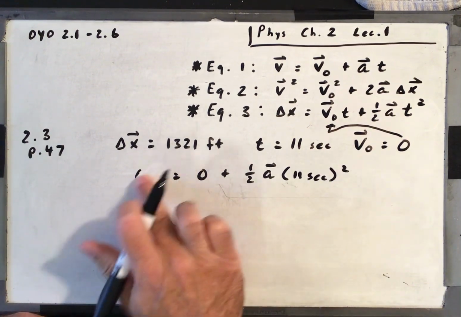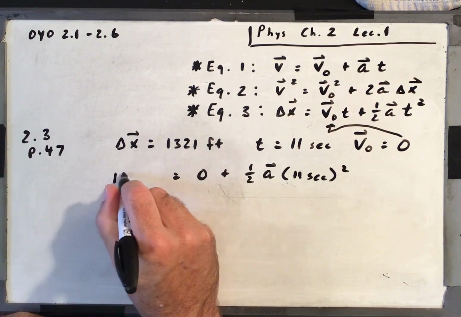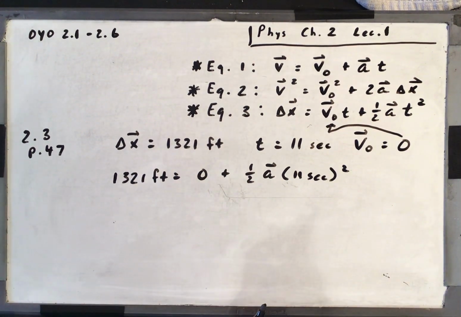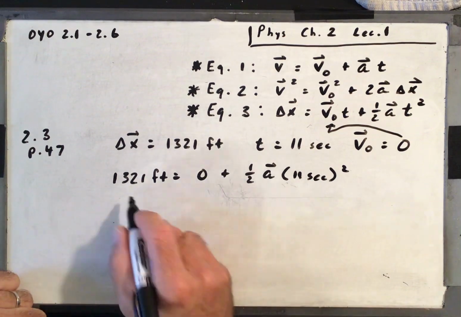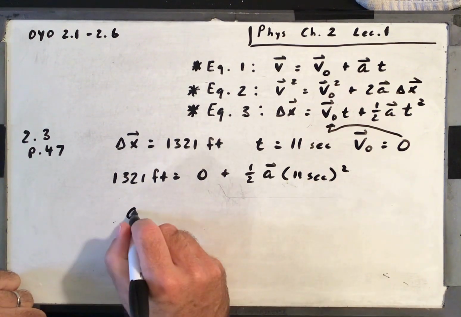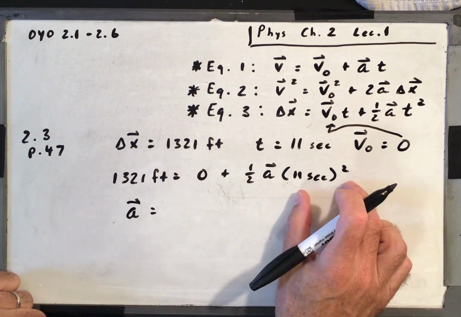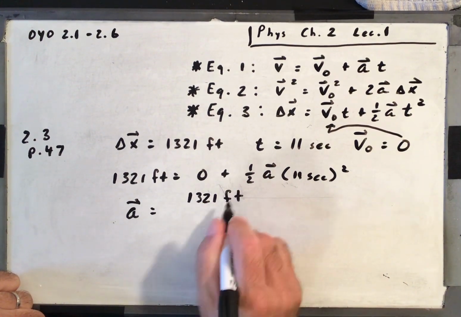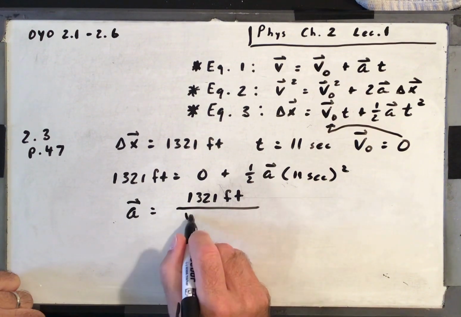And I forgot to put the 1321. So 1,321 feet. Sorry about that. You probably have to do some erasing real quick. Okay, so solving for acceleration, I'm going to pull that 11 squared underneath the 1321. And the 1/2 also, don't forget that.